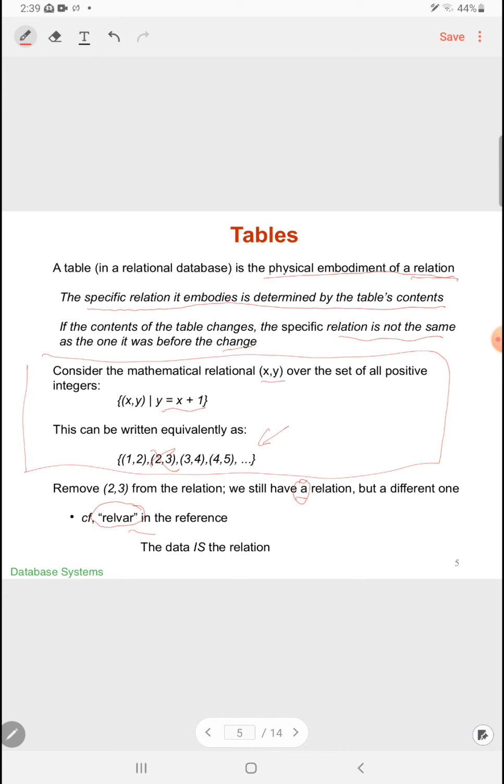So the point I want you to think about, and this is an important point to understand, look at the material on RelVars in the reference to understand it, but also you can think about it this way. The data is the relation. Okay? The schema determines the form of the relation.